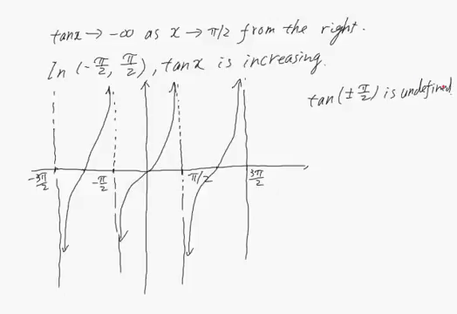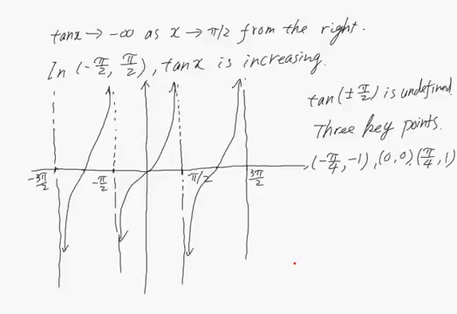And also, when you draw the graph of the tangent x, get the 3 key points on the graph of the tangent x. They are negative pi over 4, negative 1; 0, 0; and pi over 4 and 1.